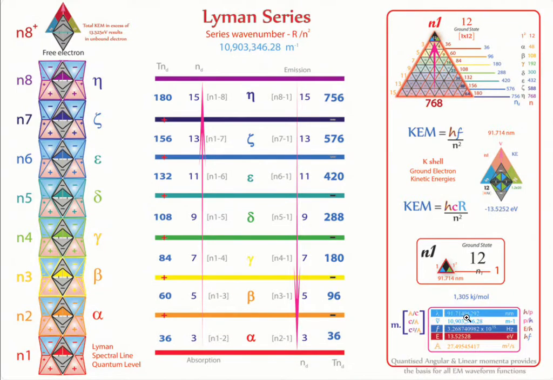Again, we will give the specific exact wavelength, wave number, frequency, energy and alpha quantized angular momentum, or alpha, for all of these chem fields and their transitions, and the transitions they create.